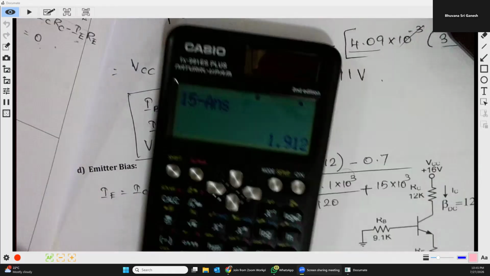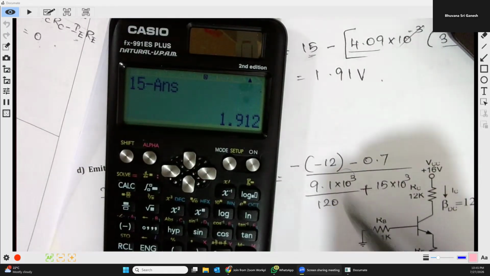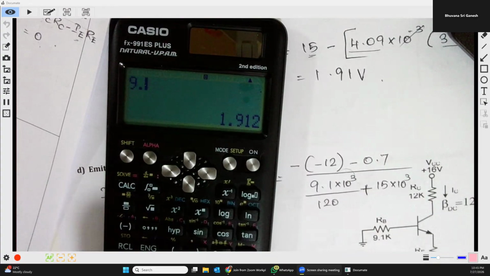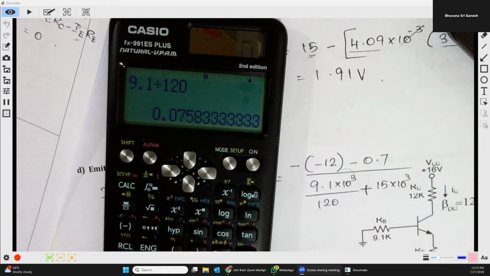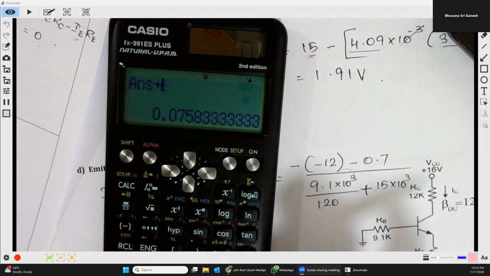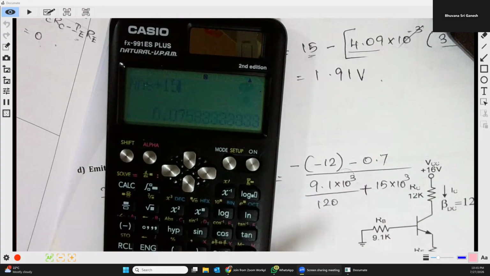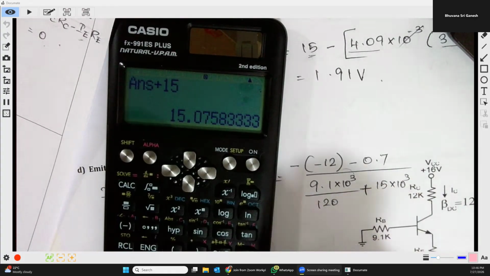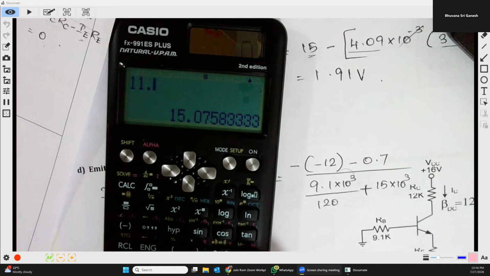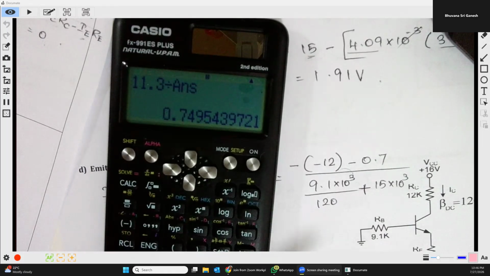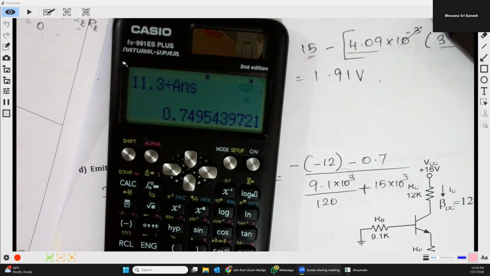So the denominator first, 9.1 divided by 120 equals 0.075, plus 15 we have. So 15.075 for the denominator. So 11.3 divided by answer equal to 0.7459.